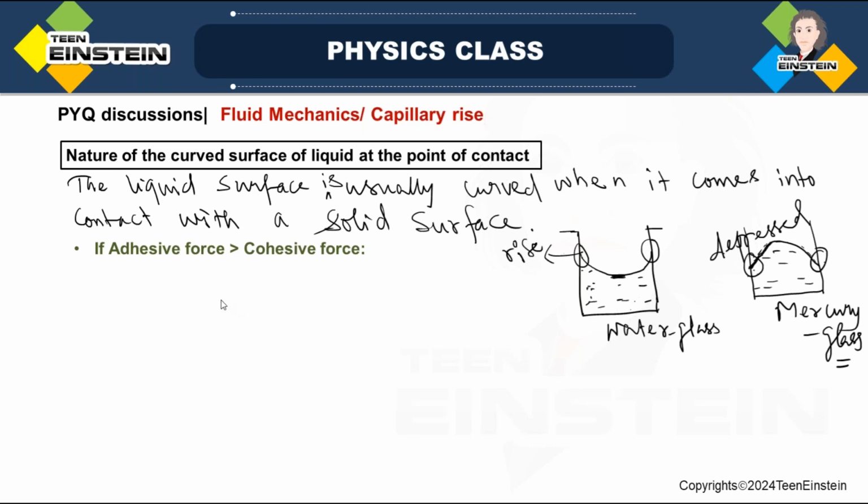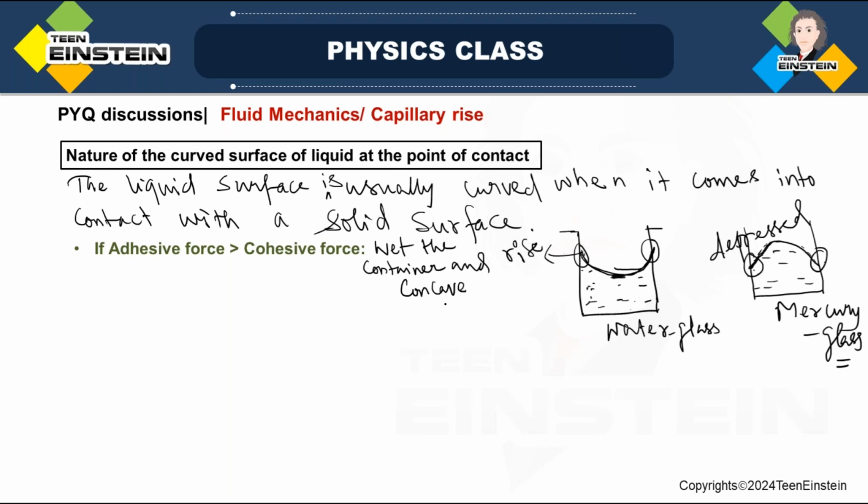So when the adhesive force is greater than the cohesive force, in this situation the liquid will wet the container, okay, and the meniscus is concave. You look, this is concave.